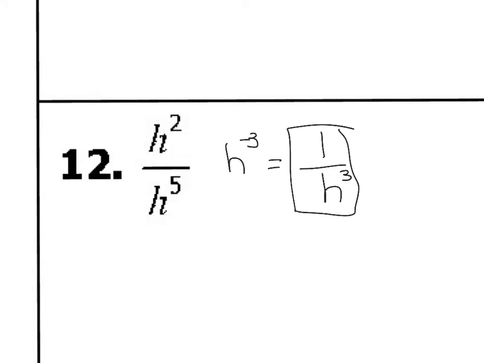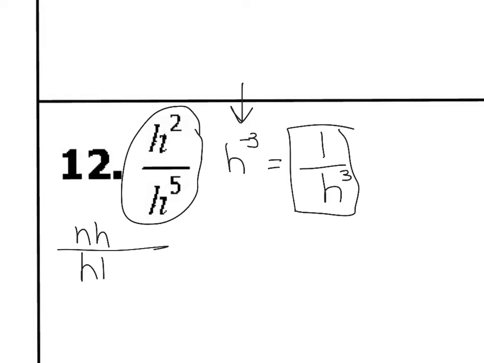I've got a shortcut where you can skip this step. If I've got 2 h's on top, and I've got 5 h's on the bottom, what am I going to have left? 3 on the bottom, right? So you can subtract the numbers and put your answer where the biggest exponent was.